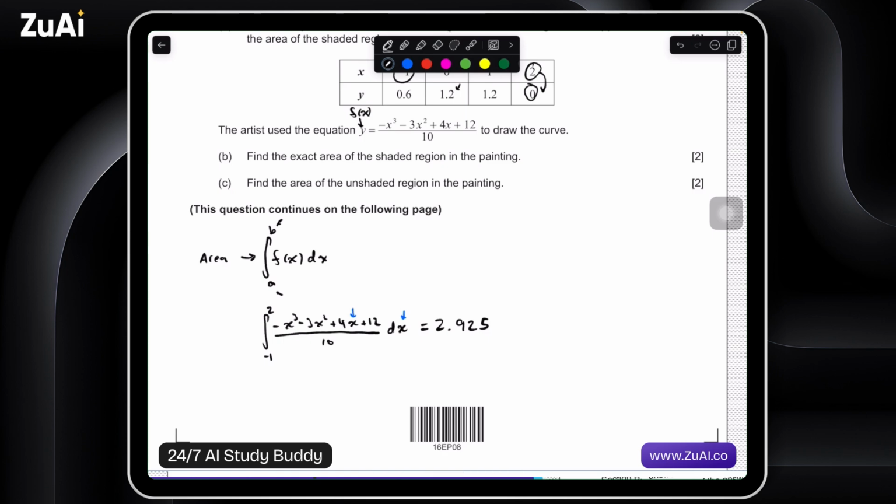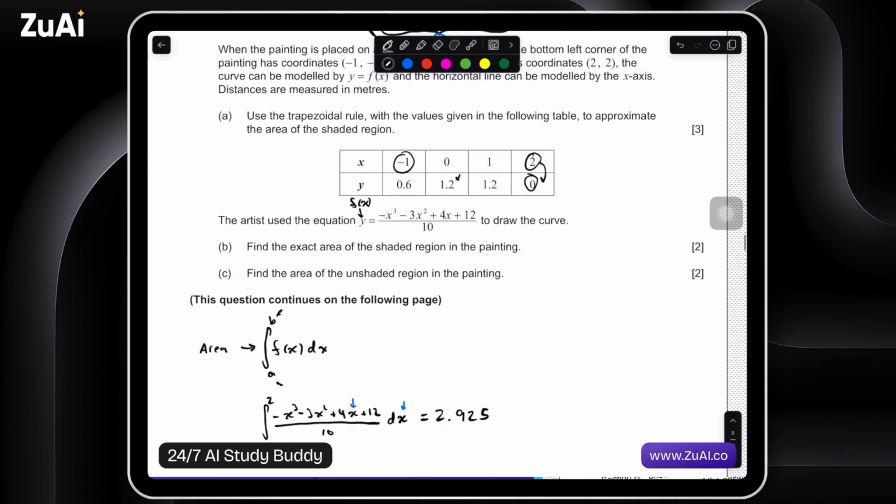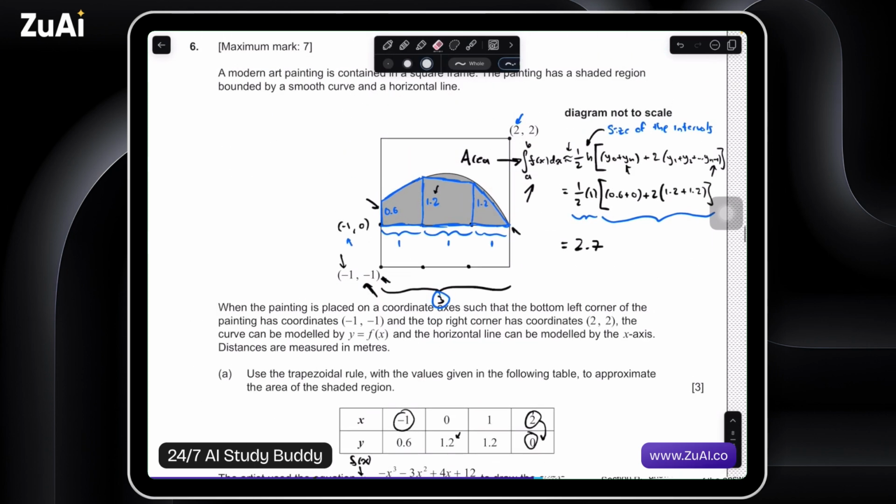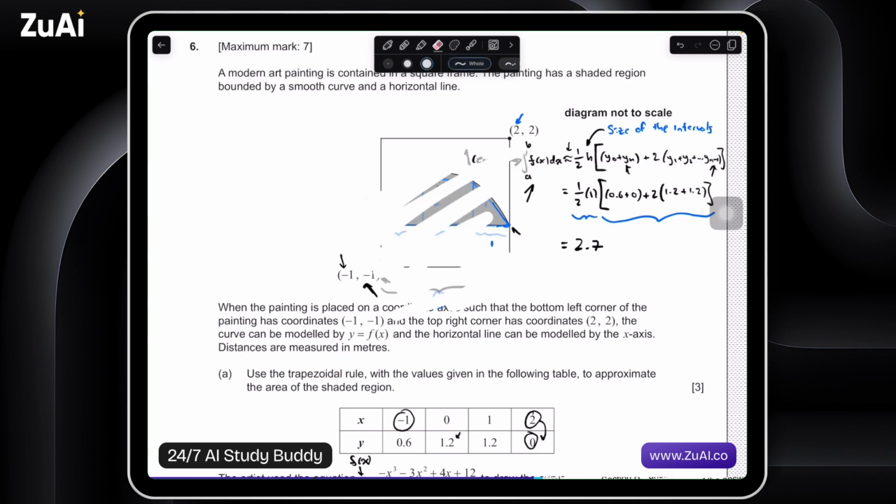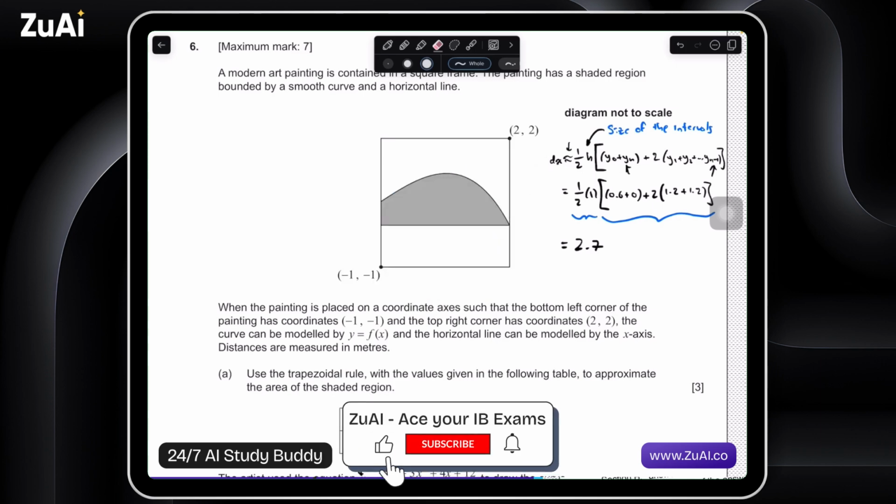Find the area of the unshaded region in the painting. Kind of an interesting question. I'm going to actually erase a lot of this here. Pretty much everything actually. And I think I'll leave some of this trapezoid rule just because it can stay, I suppose. All right, so we know that the area of this shaded region, we just found it out, was 2.95.